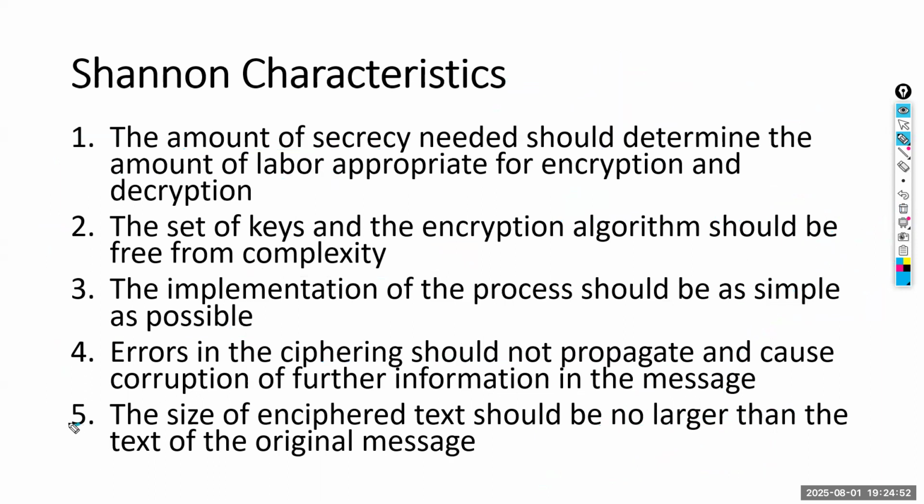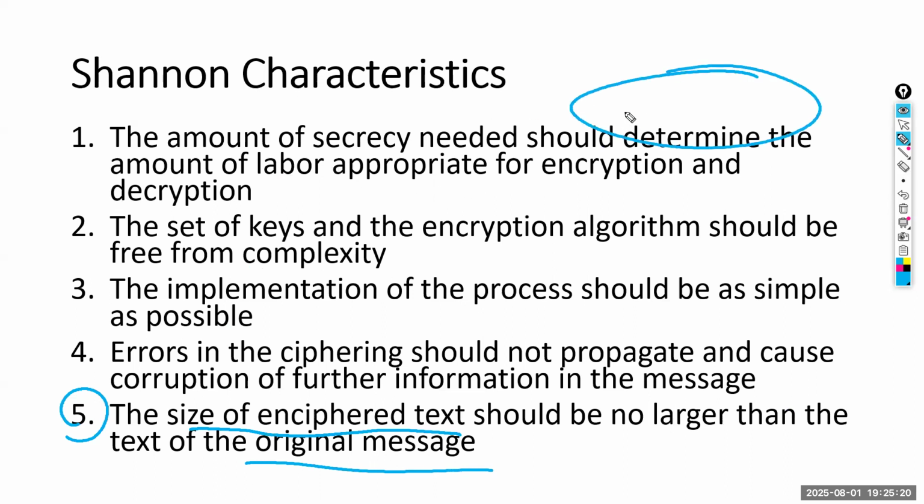So the final point says Shannon's characteristic: the size of the enciphered text, or ciphertext, should not be larger than the text of the original message. So good ciphers will make your ciphertext no bigger than your plain text. When you encrypt, don't think that you want to make it bigger.